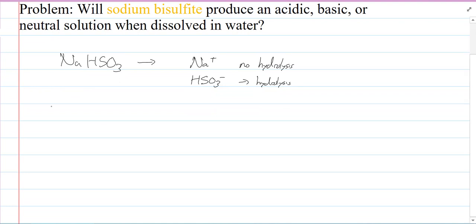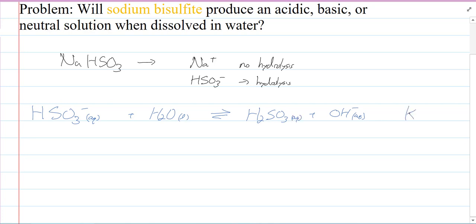Will it be, again, blue, HSO3 minus plus water to be a proton donor, or let's do proton acceptor first. That'd be H2SO3 plus OH minus.